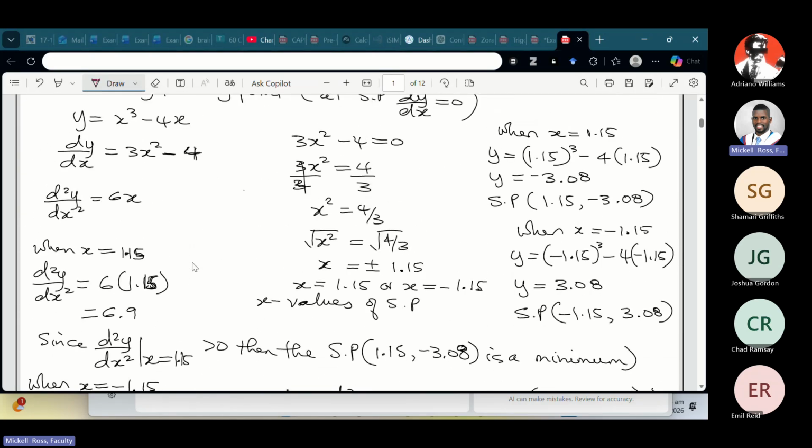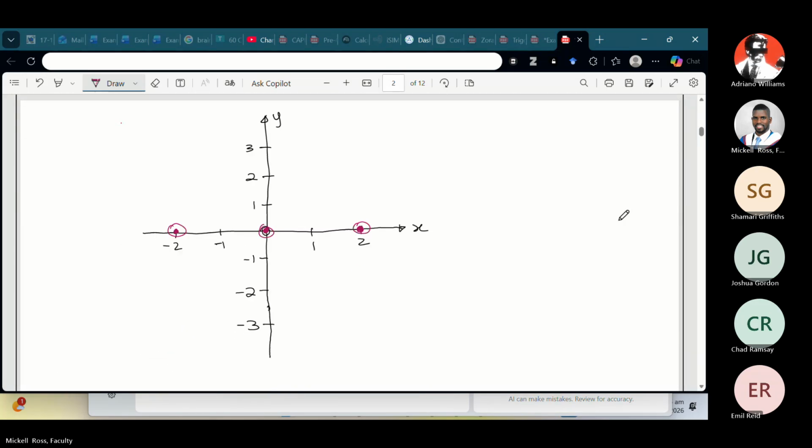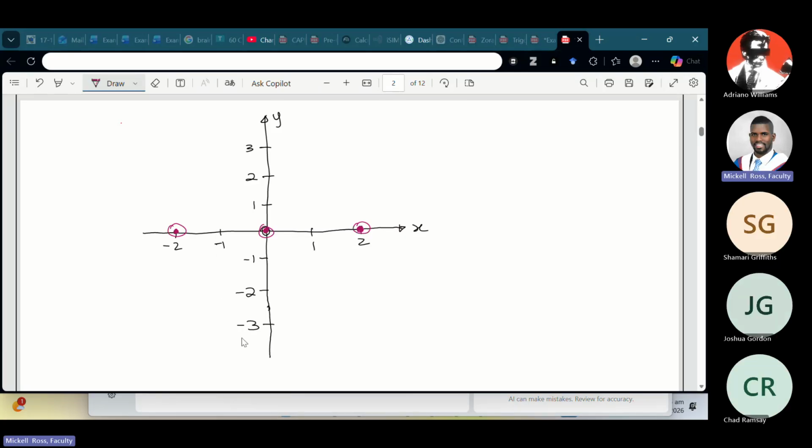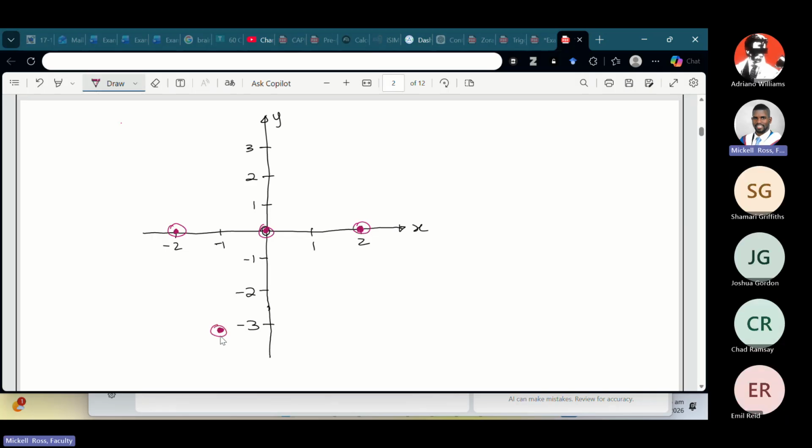Now we get one stationary point that is -1.15. No, sorry, 1.15, -3.08. So -1.15 is about here, -3.08, so that's maybe about down here. All you have to do is give an approximation of where it's going to be.